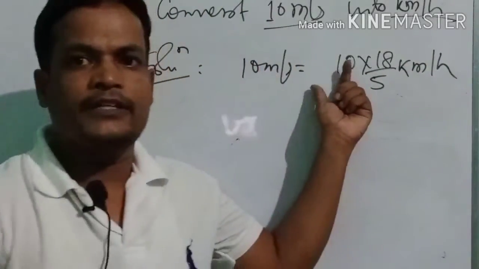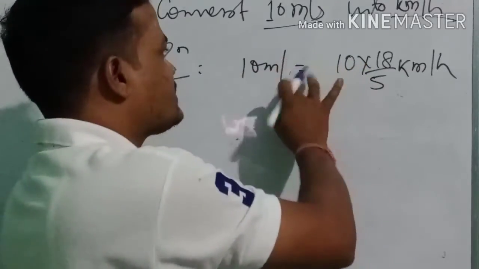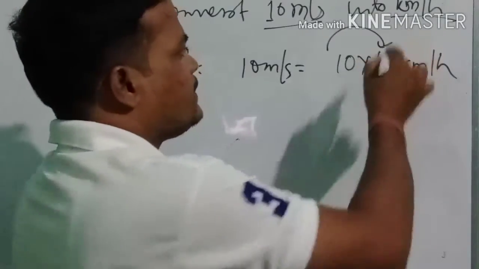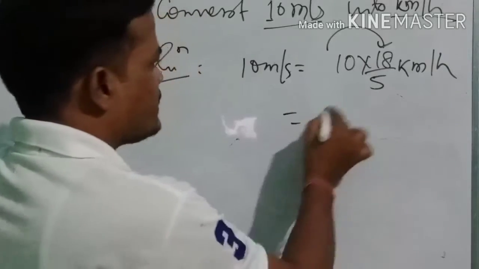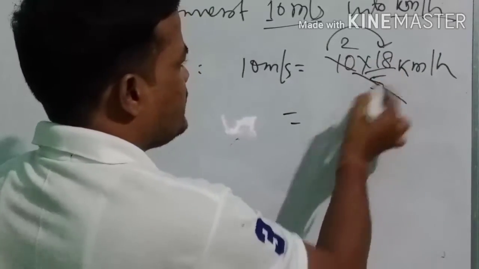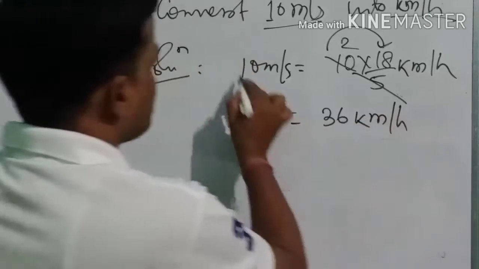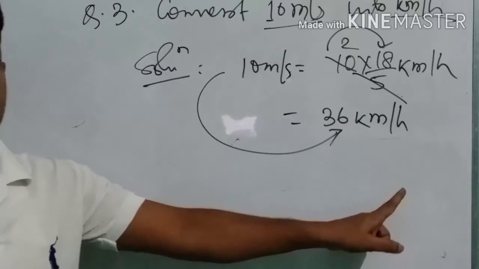So when we are converting from meter per second to kilometer per hour, then we have to keep the bigger one, that means 18 by 5. So 5 twos are 10, so 36 kilometer per hour. So we can say 10 meter per second is equal to 36 kilometer per hour.